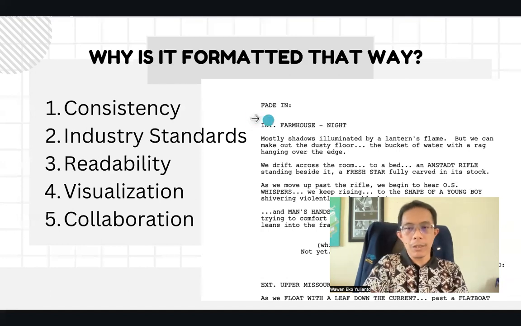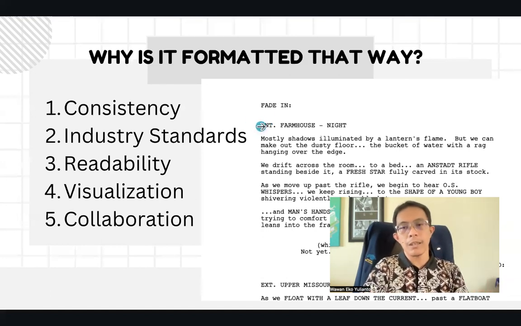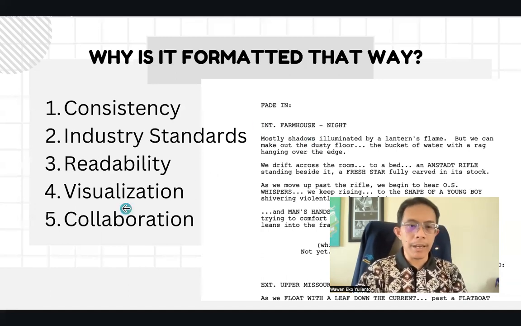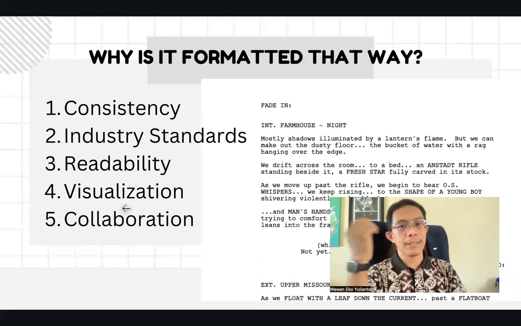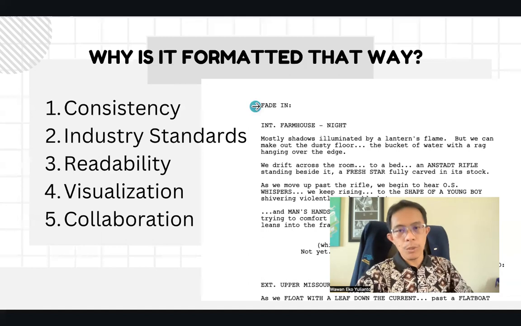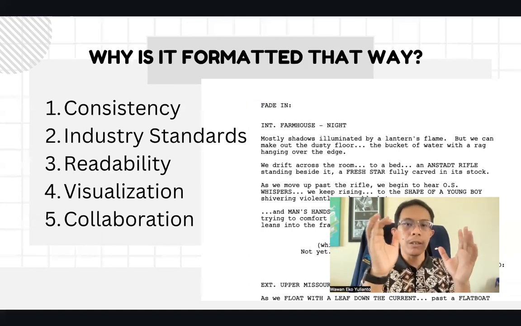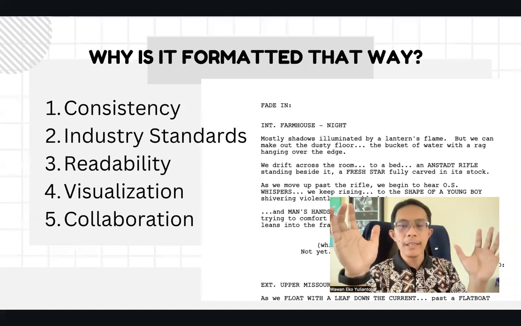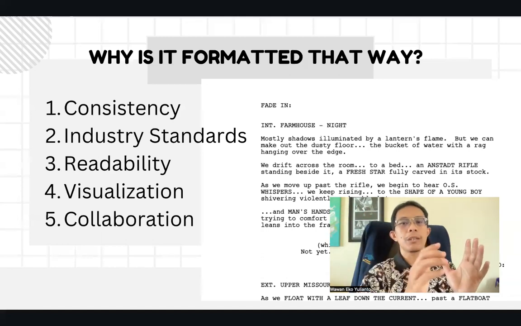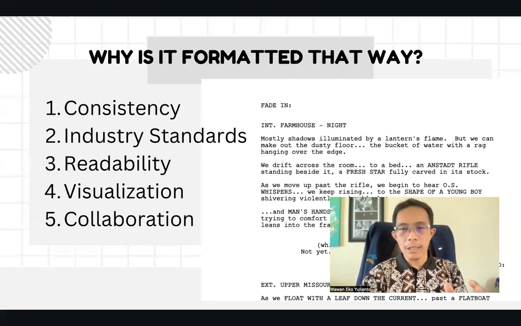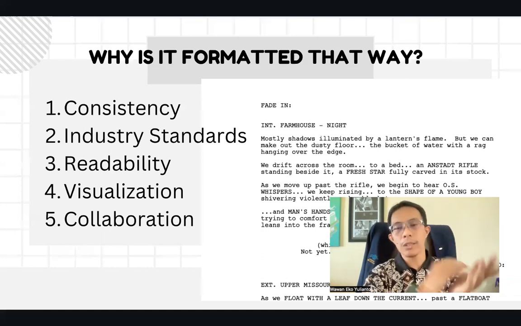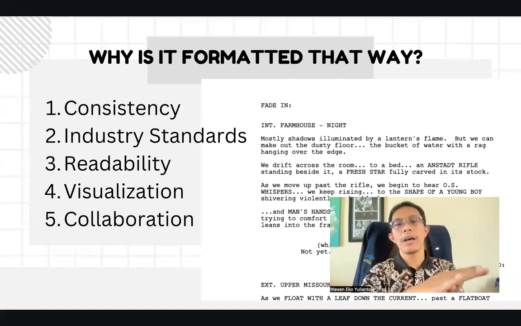After reading this, you can easily see it's inside the building. And then for visualization, with the instruction FADE IN, you can visualize that later on, we will start with a blank and it will become images. And in the farmhouse here, you can visualize that this is happening inside a farmhouse at night.